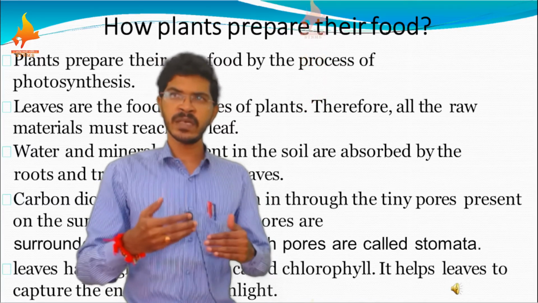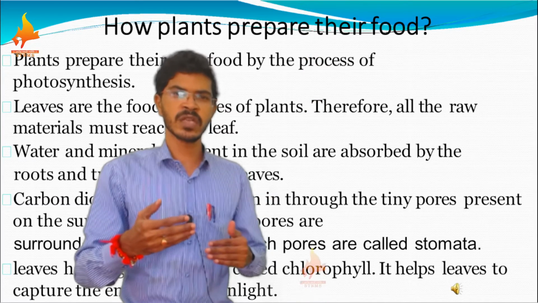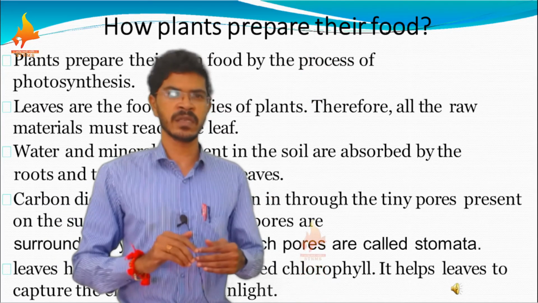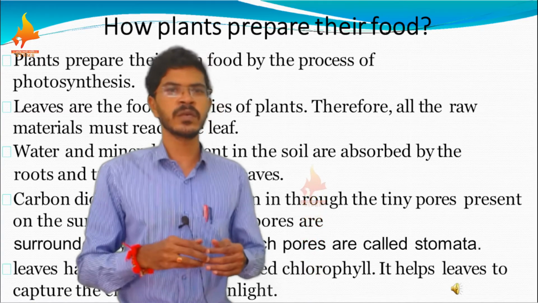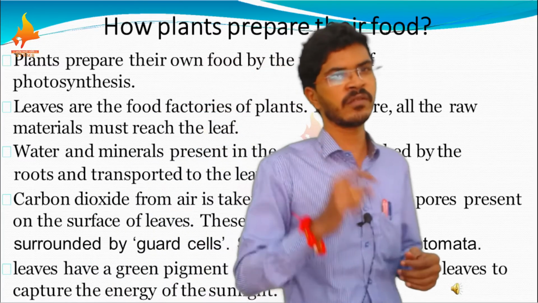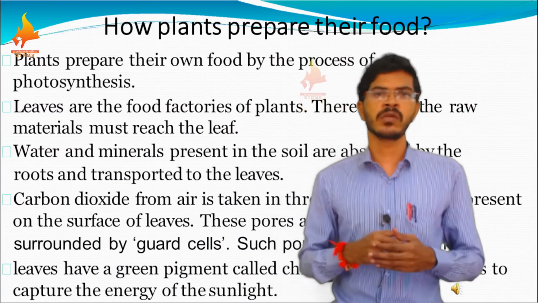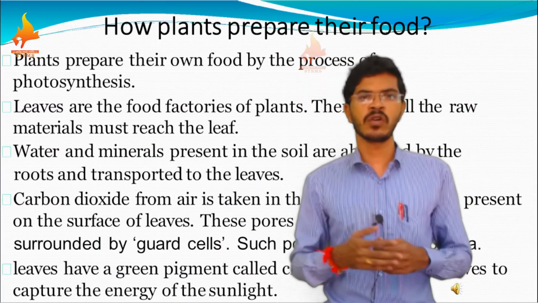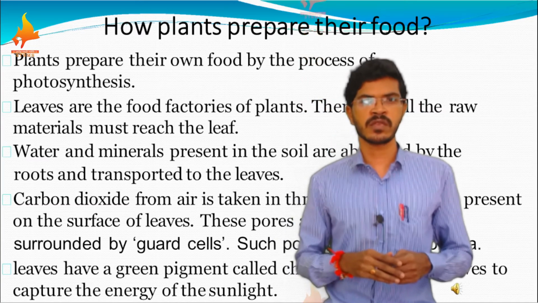But if it is happening during the daytime, that carbon dioxide which is released during respiration is used by the plant itself, because it can use it for producing food by the process of photosynthesis. Only during the night time do the plants give out carbon dioxide. And as I have just now told you, animals along with human beings give out carbon dioxide. So this is used in the process of photosynthesis.